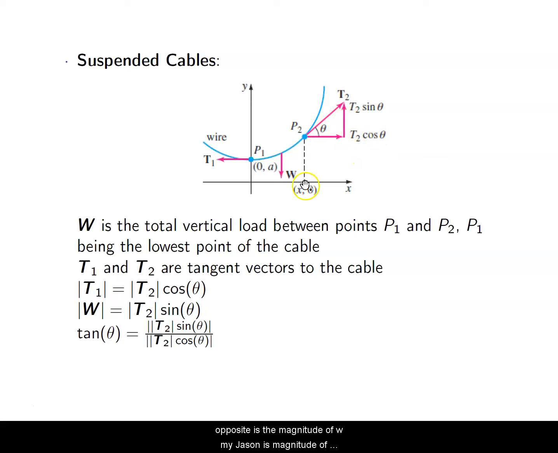And so my opposite is the magnitude of W. My adjacent is the magnitude of T1. So I just put those where they are. I can write them in terms of W1 and T1. And so we know that's really just a change of y over x. It's the first derivative of position. And so that is how we find tangent, right? So we have it now in its component terms.